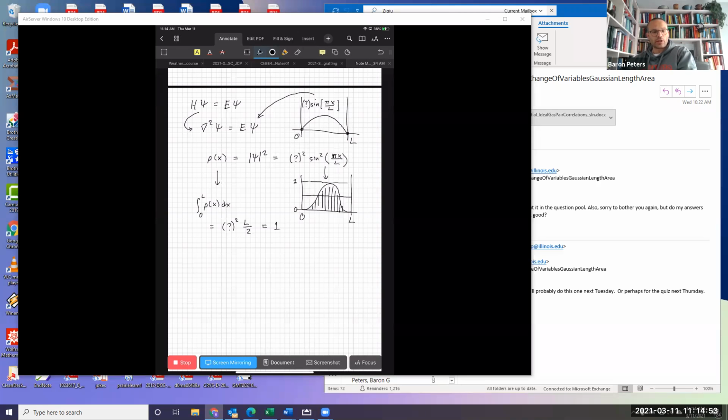So what we do is we normalize this distribution by choosing the value of the question mark coefficient in here so that it does give us 1.